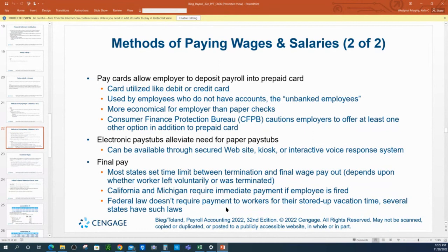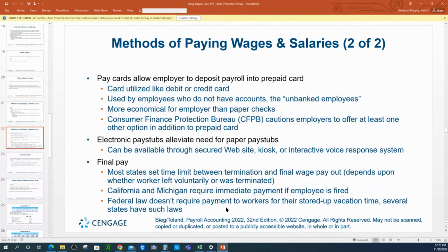But it's difficult to make certain payments with a card, like rent payments or mortgage payments, things of that nature. They're cheaper for the employer to deposit the money on the card than it is to create an actual paper check. And for those employees who don't have a bank account, this is a way for them to receive their funds.